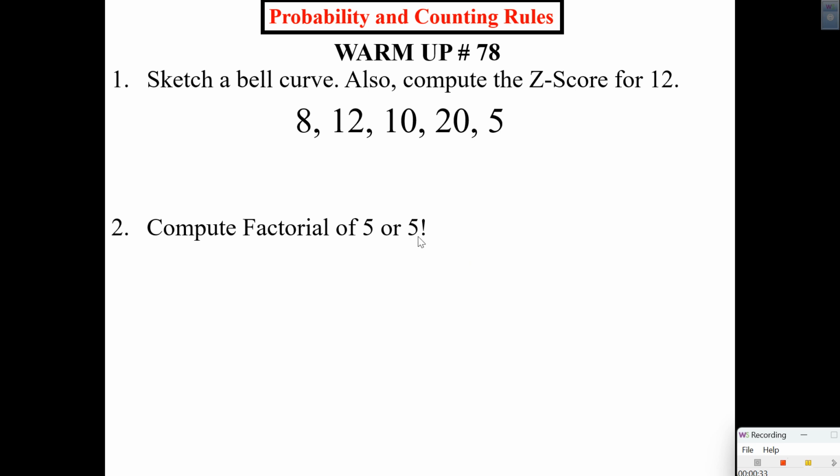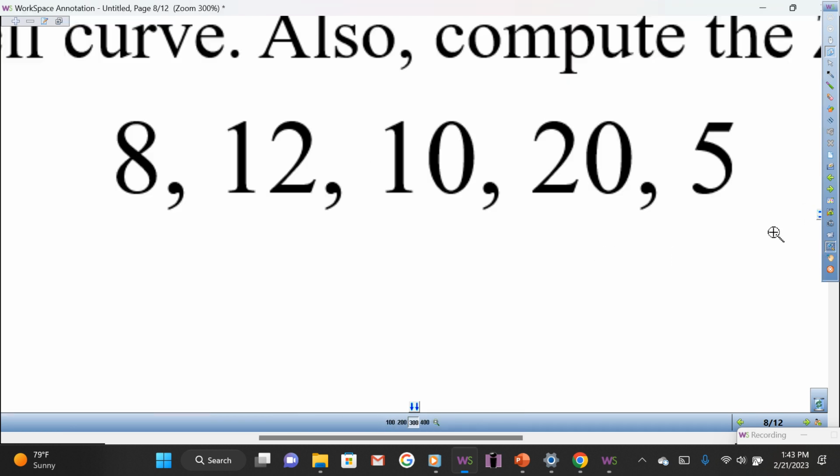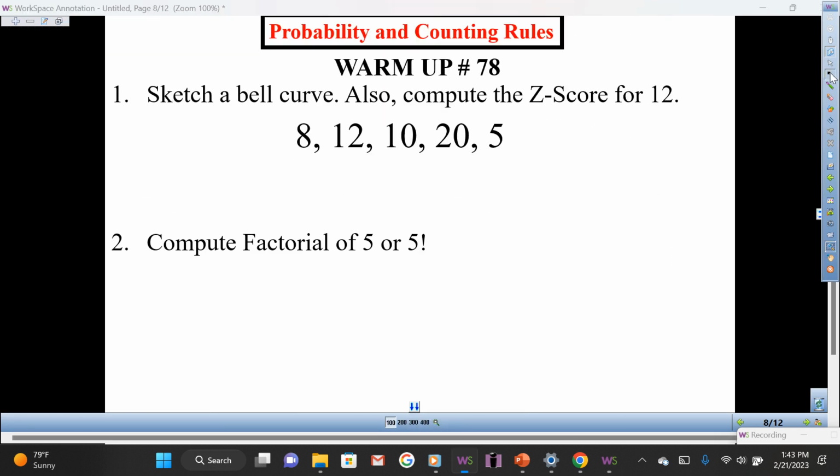You need to take all the numbers that make up the group of factorial 5. Let me show you what that means. You take all the numbers going towards 5, such as 1, 2, 3, 4, and 5, and you multiply all of them.